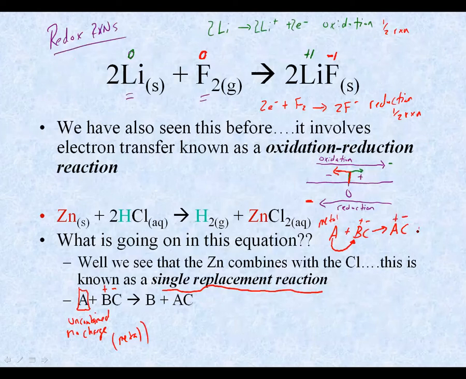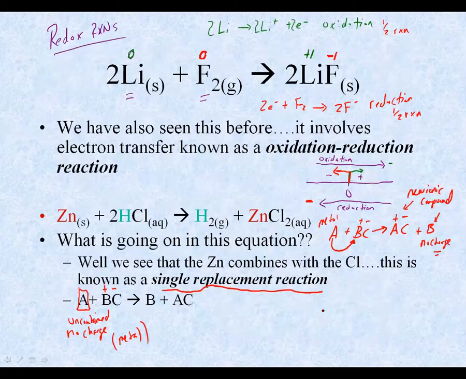And you will get the B in this case come out with no charge. So it's a very common reaction. It's known as a single replacement reaction. Something comes in, kicks out something else in an ionic compound, and a new ionic compound is formed. And then whatever got kicked out comes out over here with no charge.